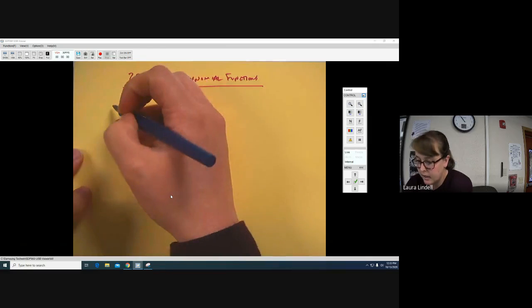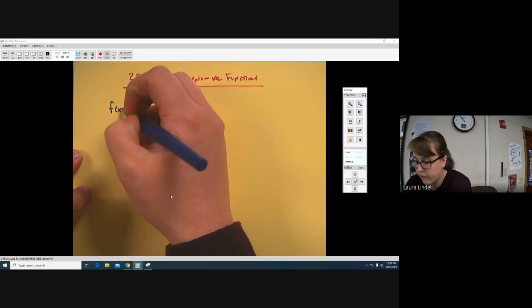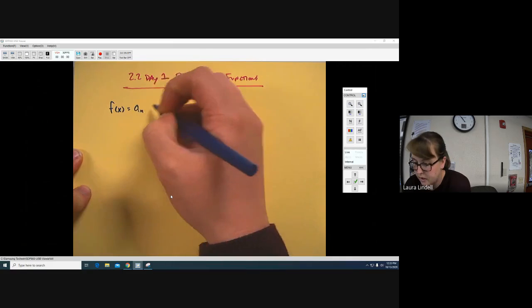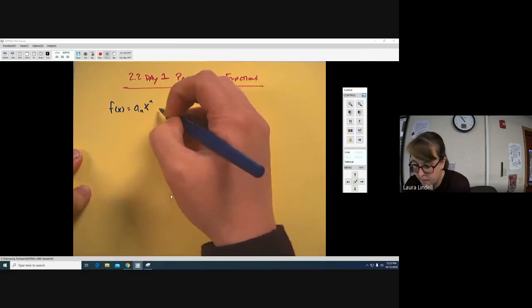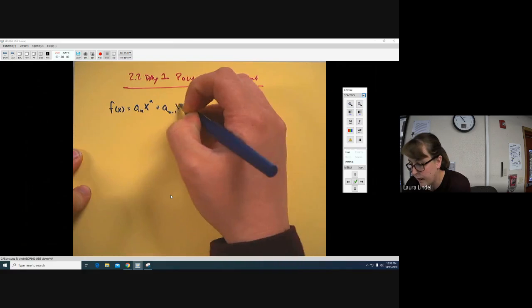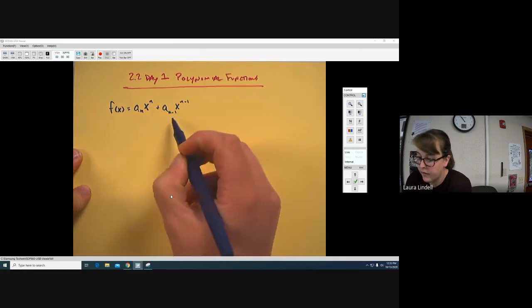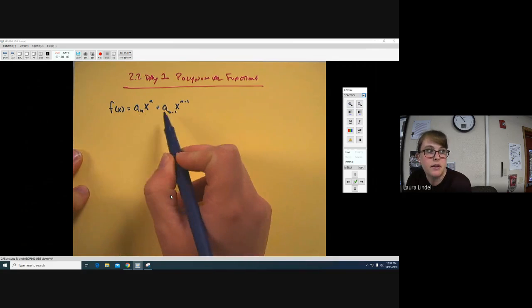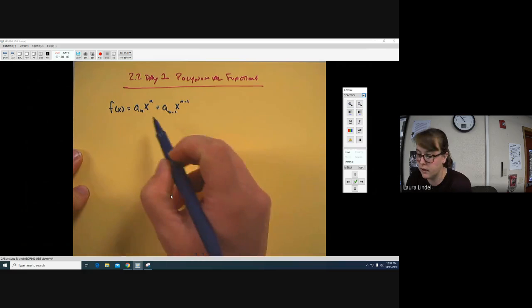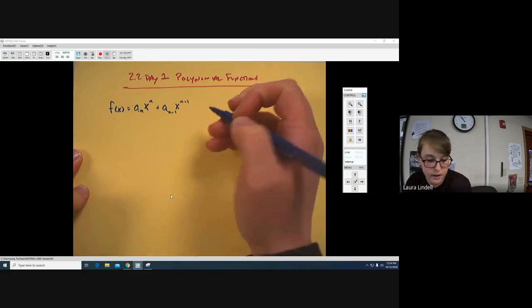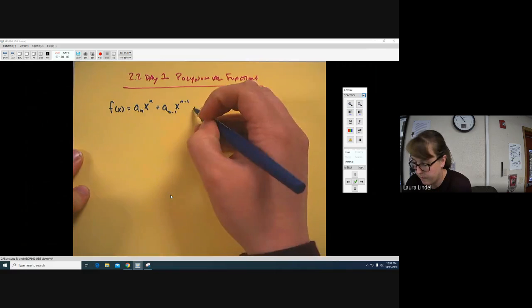So it's any function that can be written in the form f of x equals a sub n x to the n plus a sub n minus 1 x to the n minus 1. And this notation here is just something to index it with. So you could go a, b, c, d, e, f, or you can index it as a sub n minus 1, and so on and so forth.